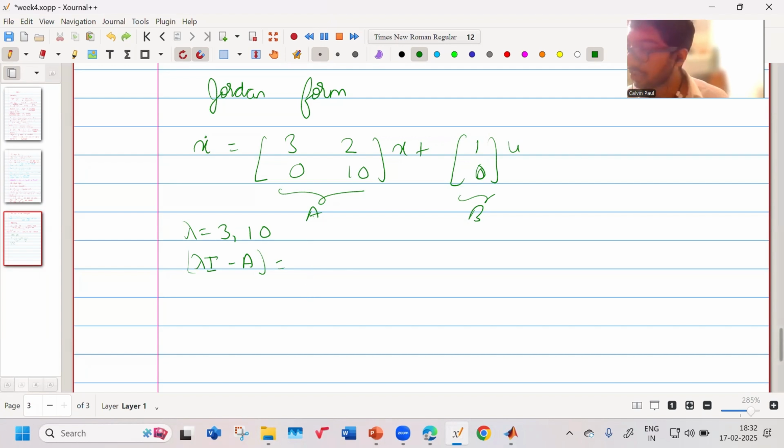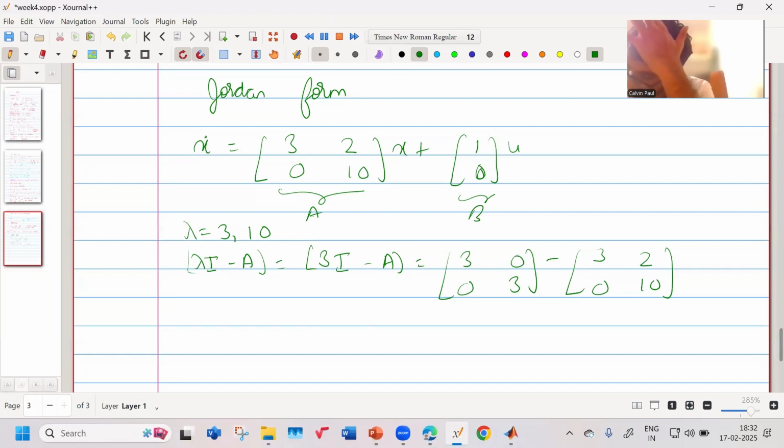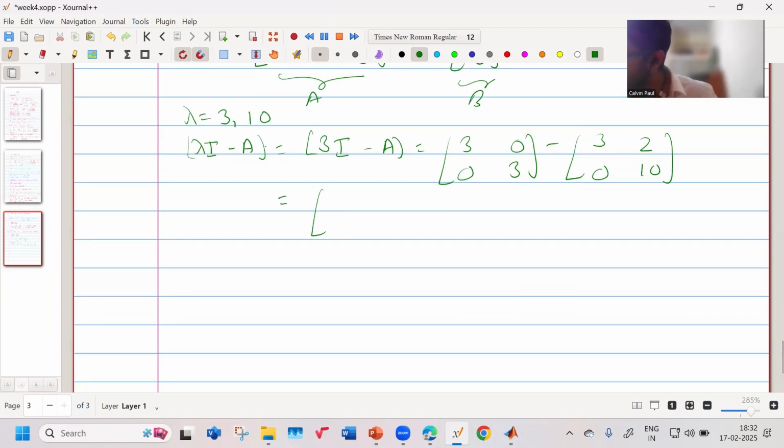Let us consider lambda equal to 3, so 3I minus A, for the first one. That is 3 0, 0 3, minus 3 2, 0 10. So lambda I minus A would be 0 minus 2, 0 minus 7. We have lambda I minus A into V bar is equal to 0.